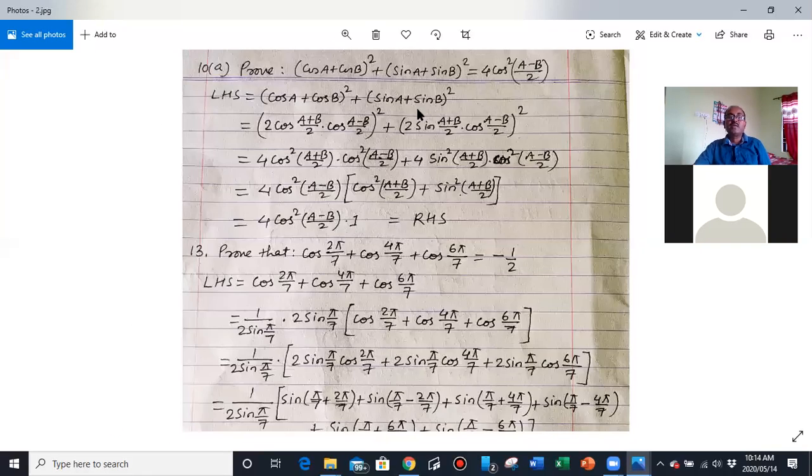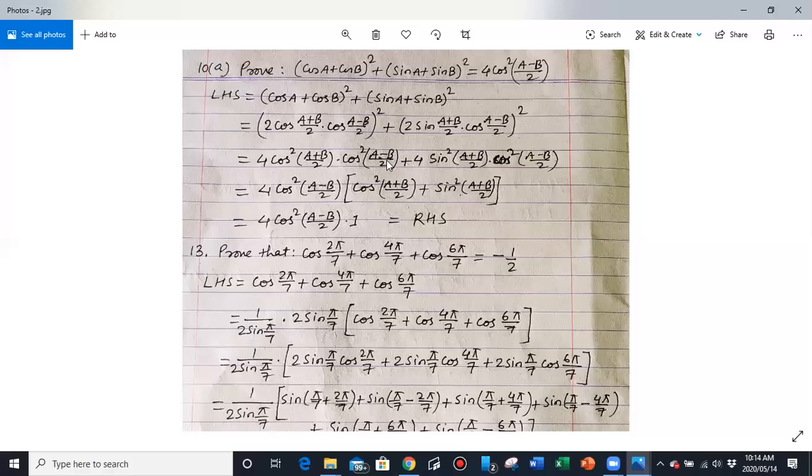Now this is the solution of 10a. Prove that cos A plus cos B whole square. You can see the question. Go through the question.